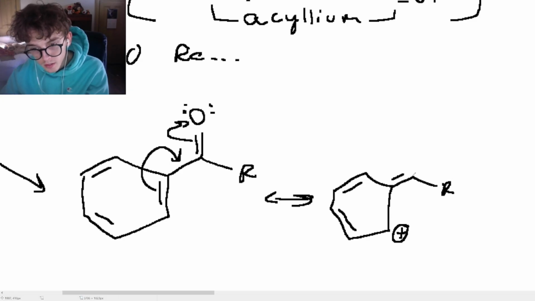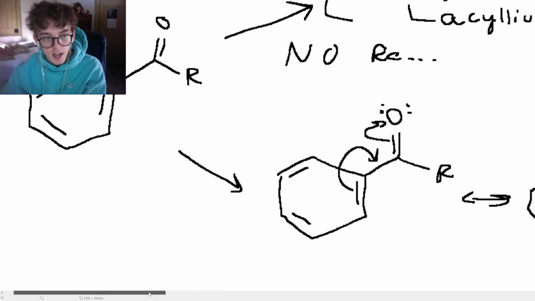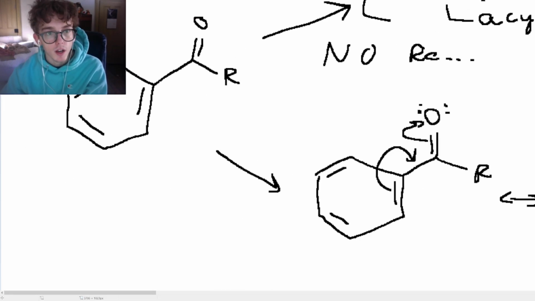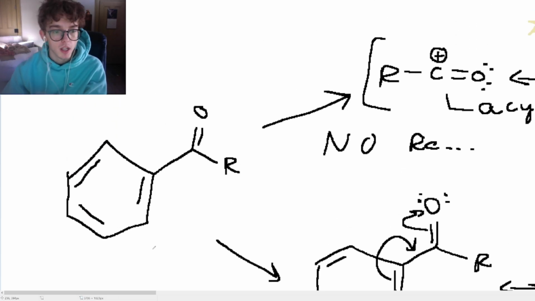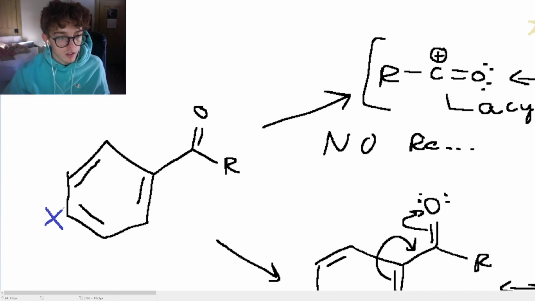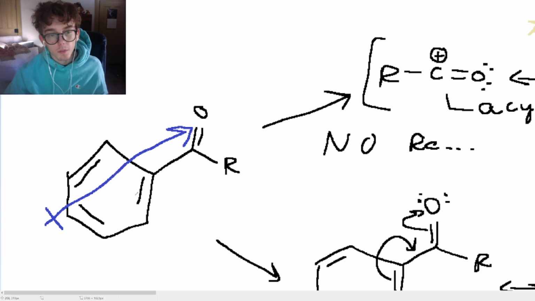We get this here. So we kind of have an overall dipole. If I were to draw a big dipole on this molecule up here, you'd see it's going that way. It's removing electron density from the ring.